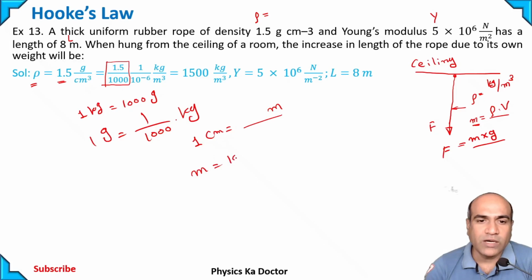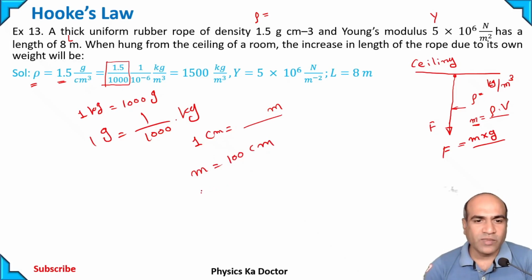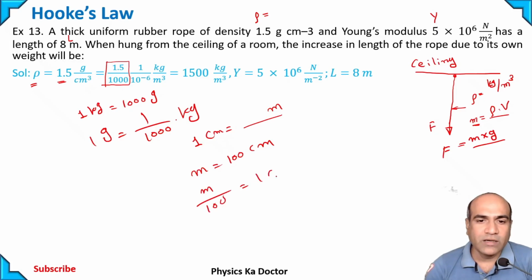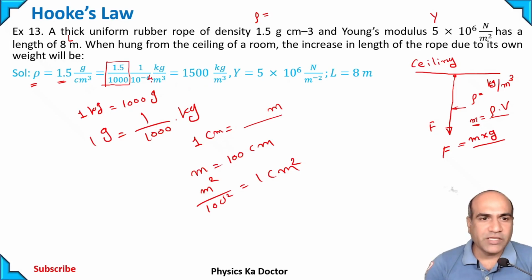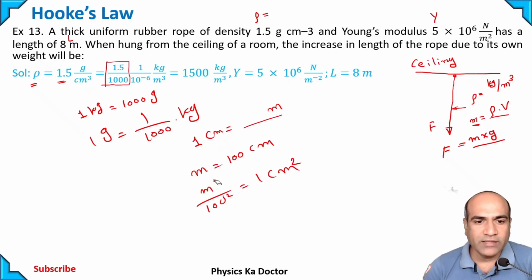Meter is very simple to convert. Meter is equal to 100 centimeter. Whenever you have confusion, you can follow this. So meter by 100 is equal to 1 centimeter. It is a cube, so therefore it is not square, right? It is cube.